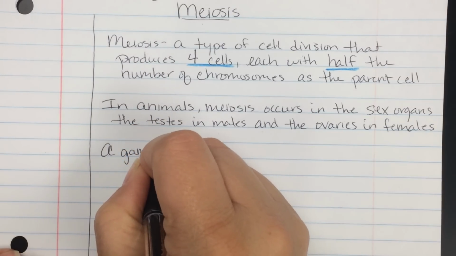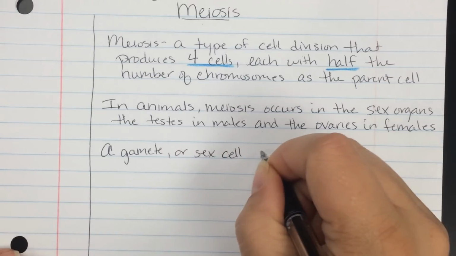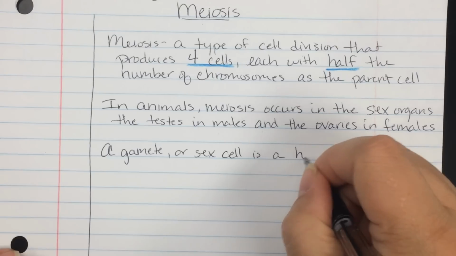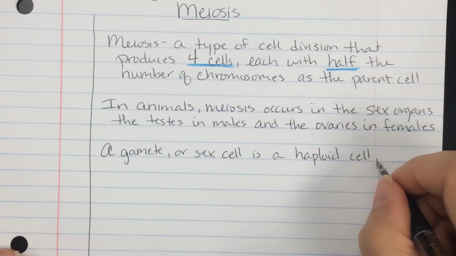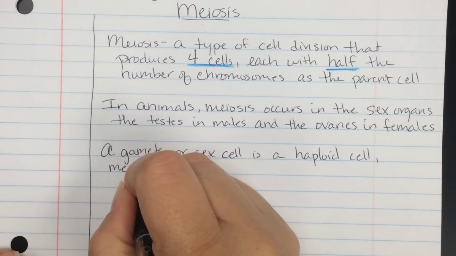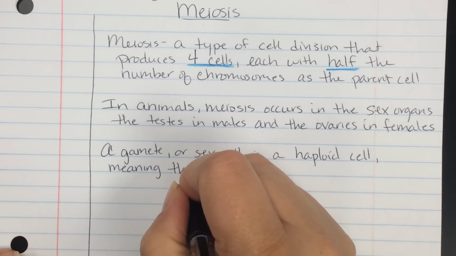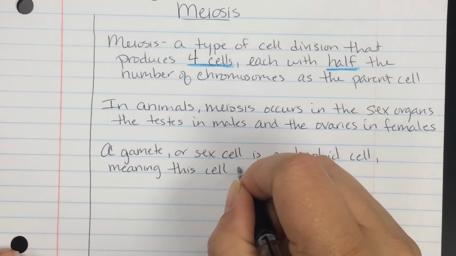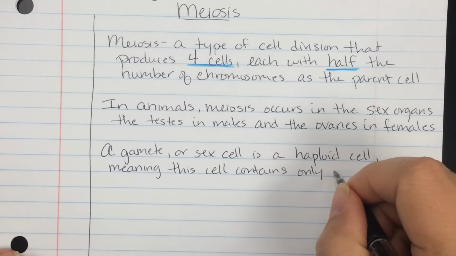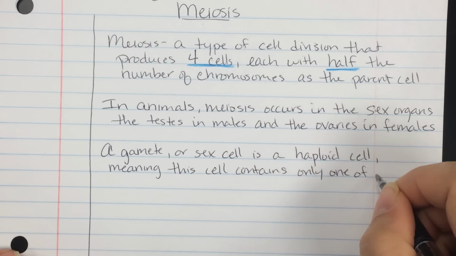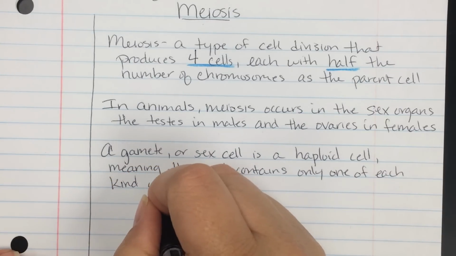So let's get a little bit more in depth. A gamete, or sex cell, is a haploid cell. Meaning, so now you're wondering, what is she talking about here? Meaning this cell contains only one of each kind of chromosome.